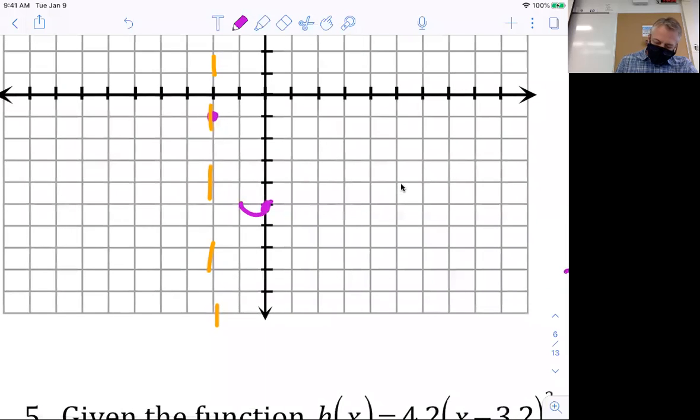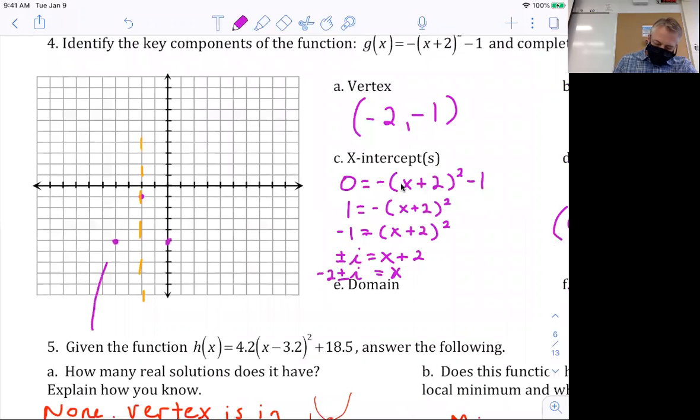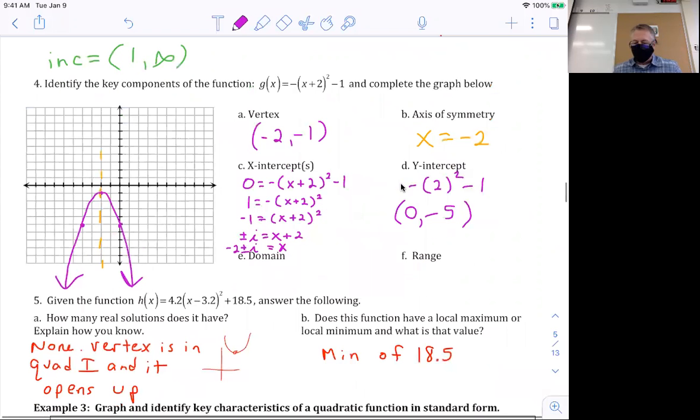And I know that this point is 2 spots away from the axis of symmetry. So its image point must be 2 spots away. So that gives me just a little bit more accuracy in my graph there.